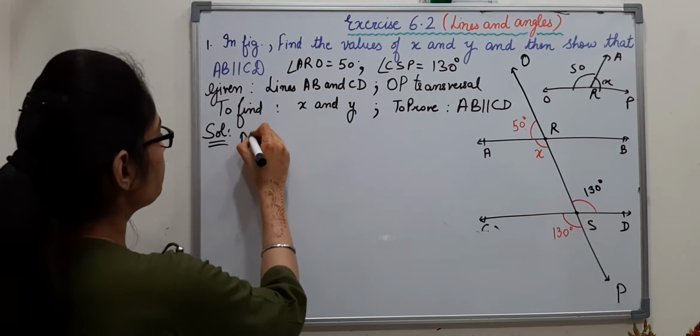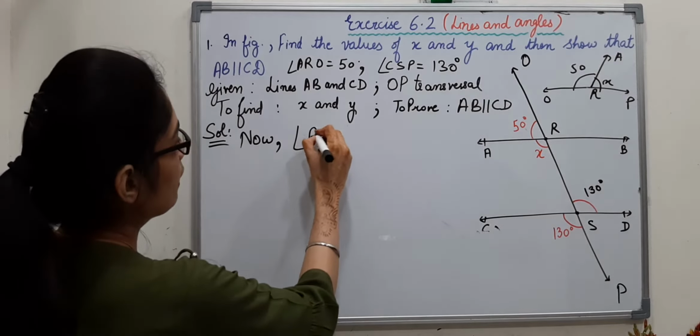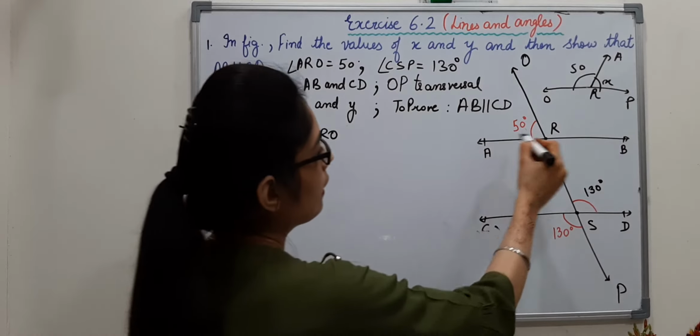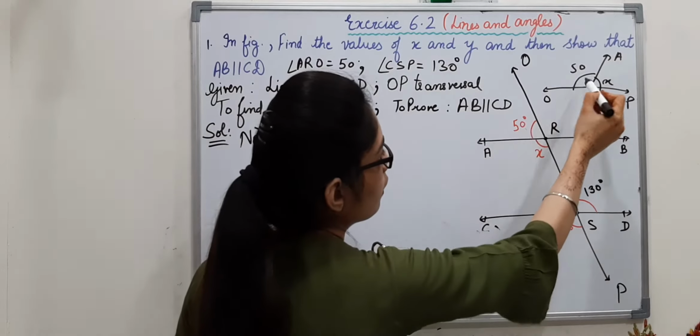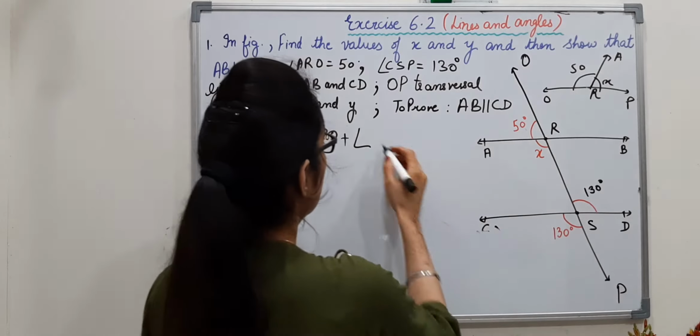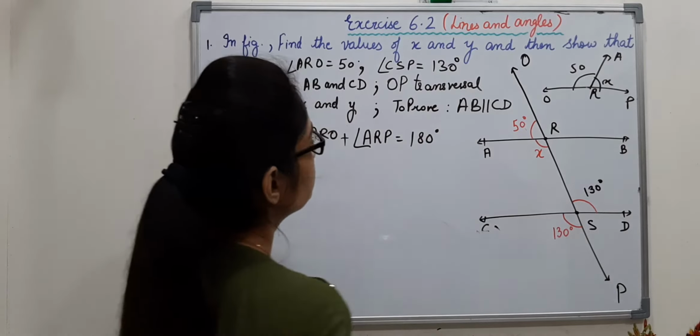So now we can mention angle ARO plus angle ARP is equal to 180 degree.